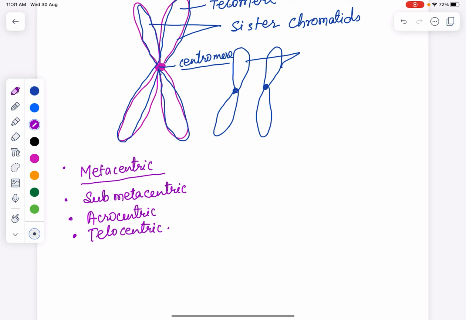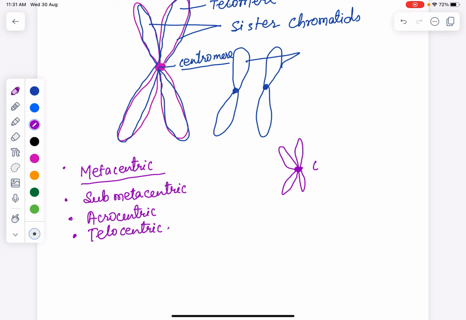Meta means between, so the centromere is present at the center.